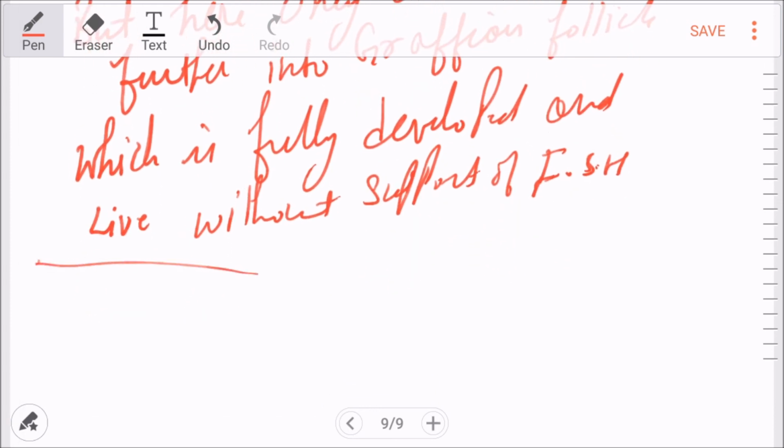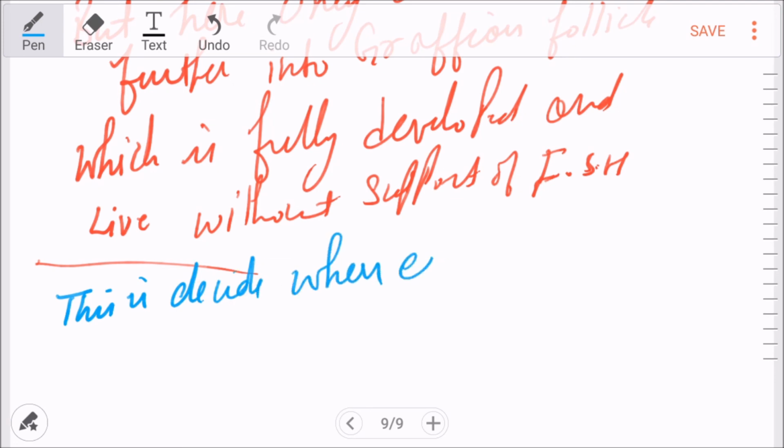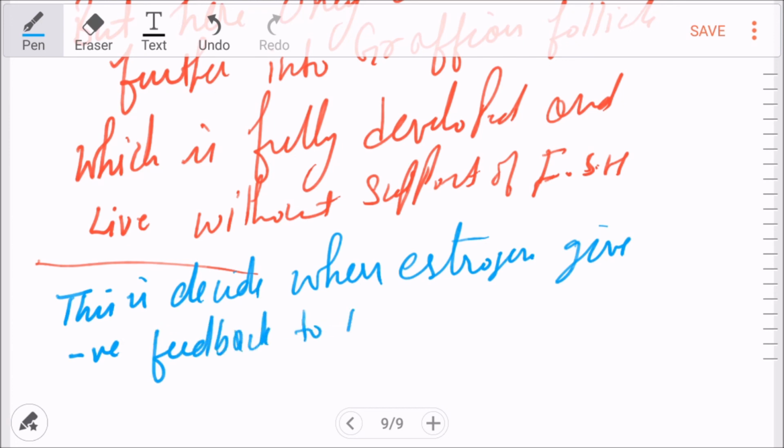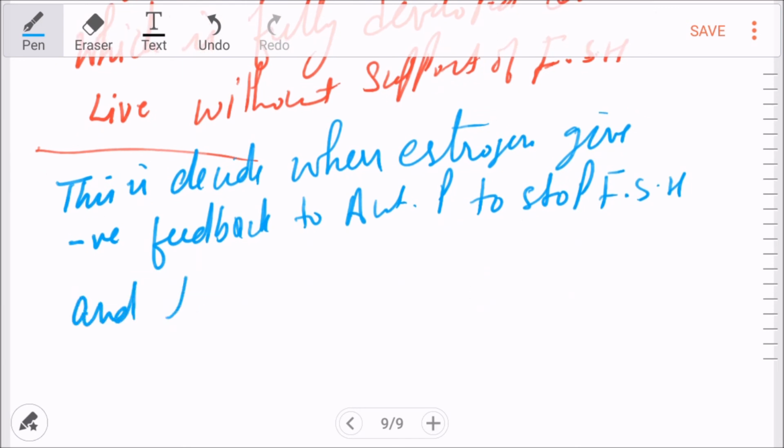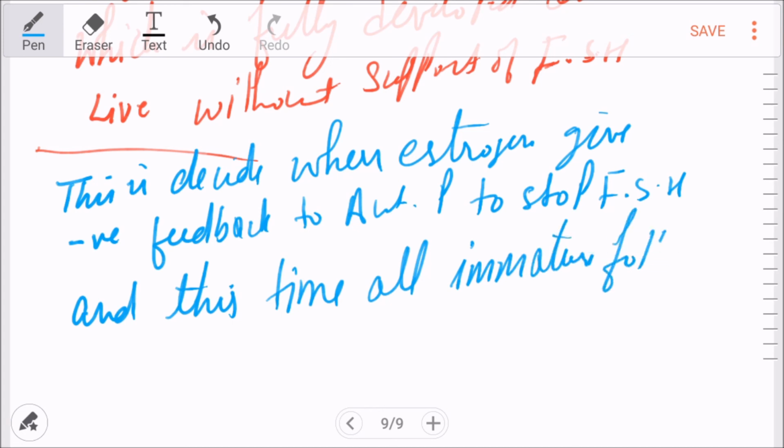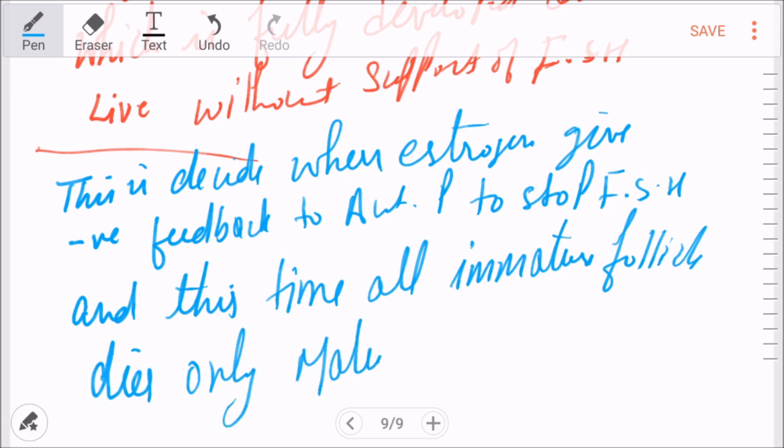And this one is decided when estrogen gives negative feedback to the anterior pituitary to stop FSH, and at this time all immature follicles die.